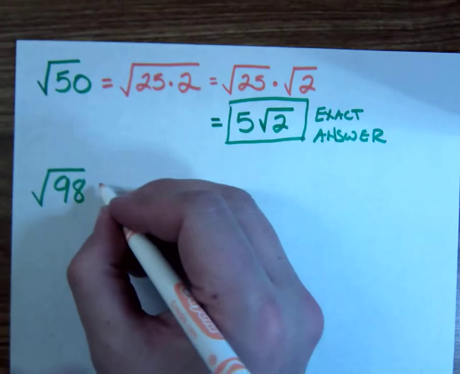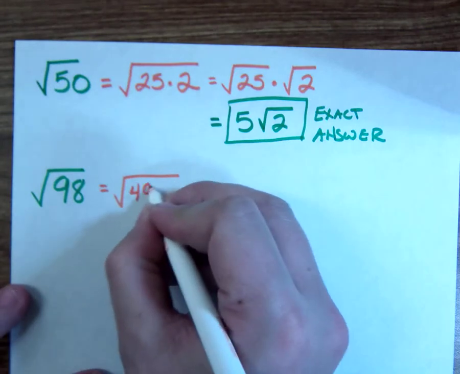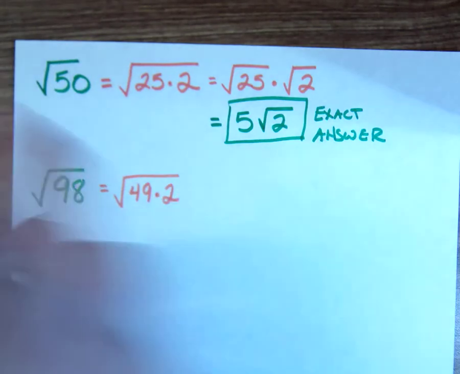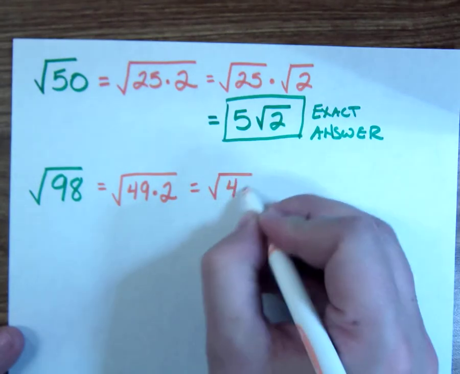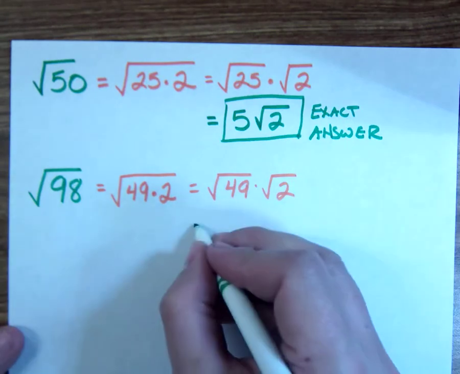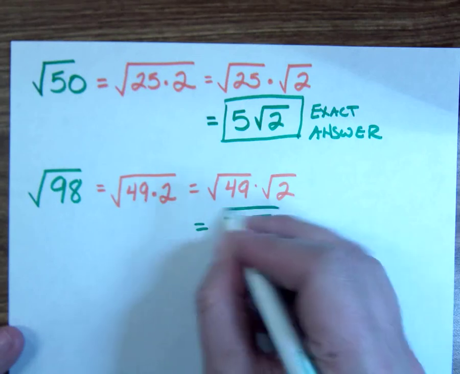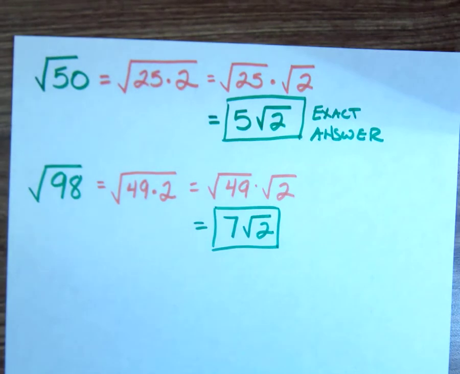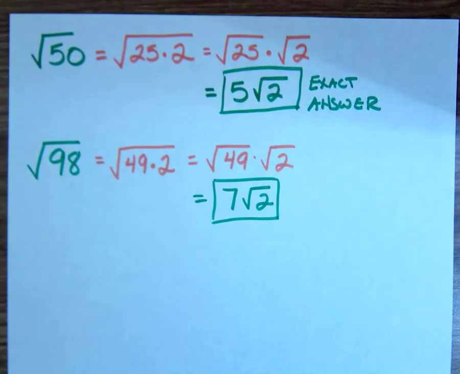So I'm going to rewrite this as the square root of 49 times 2. I can separate that into the square root of 49 times the square root of 2. The square root of 49 is 7, so it's 7 times the square root of 2. And that is the exact answer. Unrounded, the pure, raw, uncut math. That's the good stuff, straight from the source.